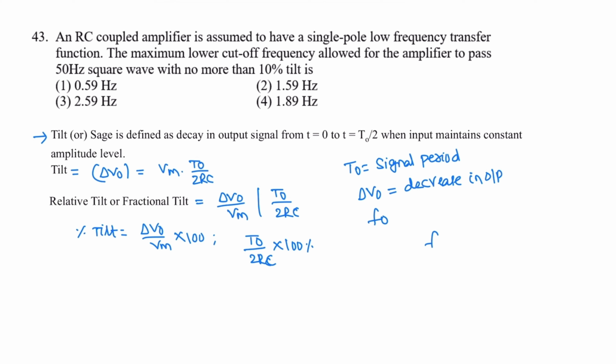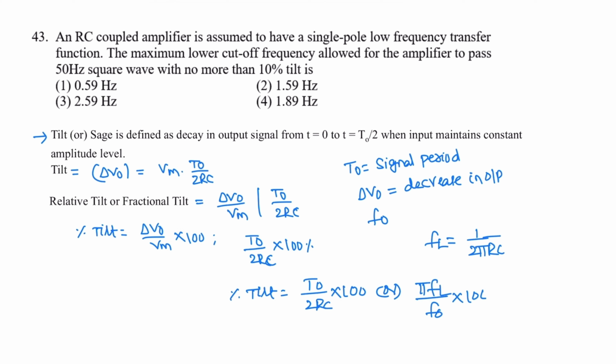The lower cutoff frequency fL for the circuit is 1/2πRC. So we can write the percentage tilt as T0/2RC × 100 = π fL/f0 × 100. So this is the formula for percentage tilt.